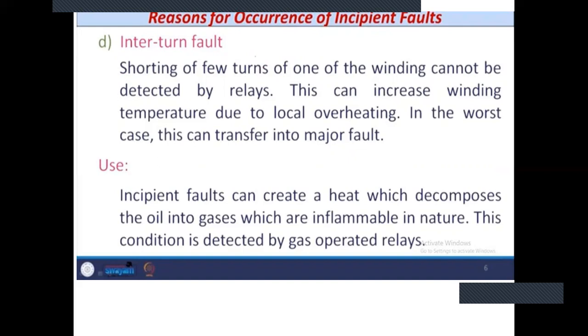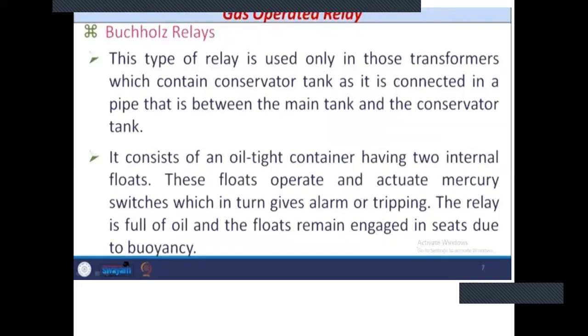There are two types of gas operated relays. One is the Buchholz relay, and the second is known as the sudden pressure relay. The Buchholz relay is normally connected in the pipe between the conservator tank and the main tank of the transformer.